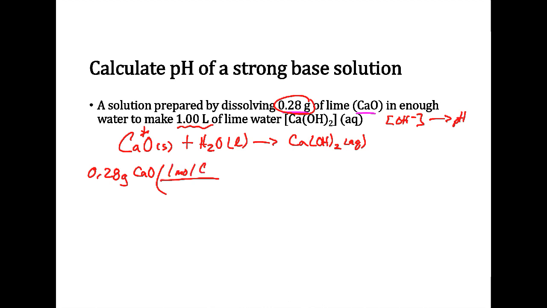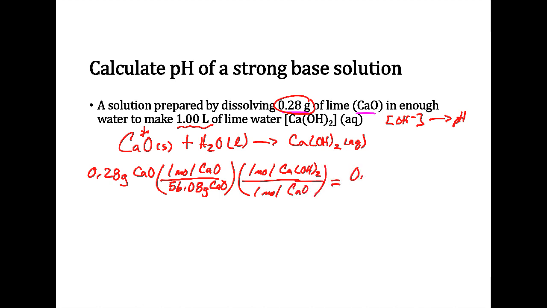We have 1 mole of calcium oxide, and the molecular weight of that is 56.08 grams of calcium oxide. The mole-to-mole ratio is 1 mole of Ca(OH)2 for every 1 mole CaO. And when we plug that in, we'll get 0.0050 moles of calcium hydroxide.